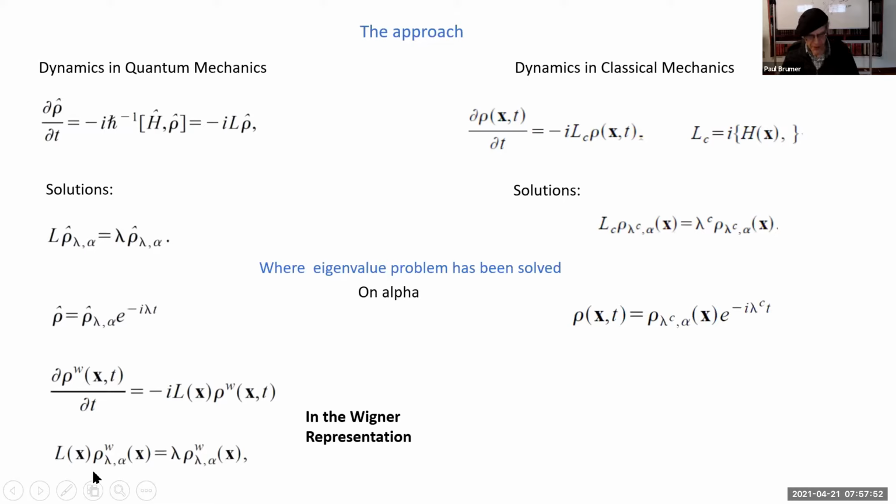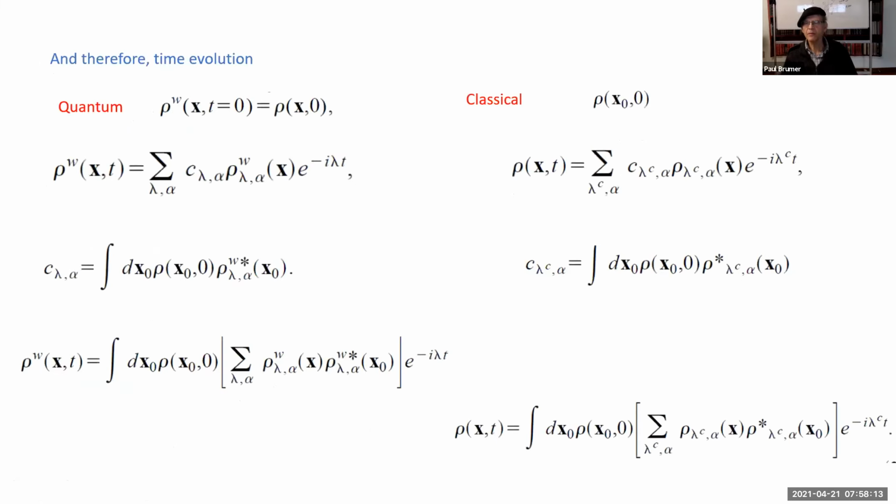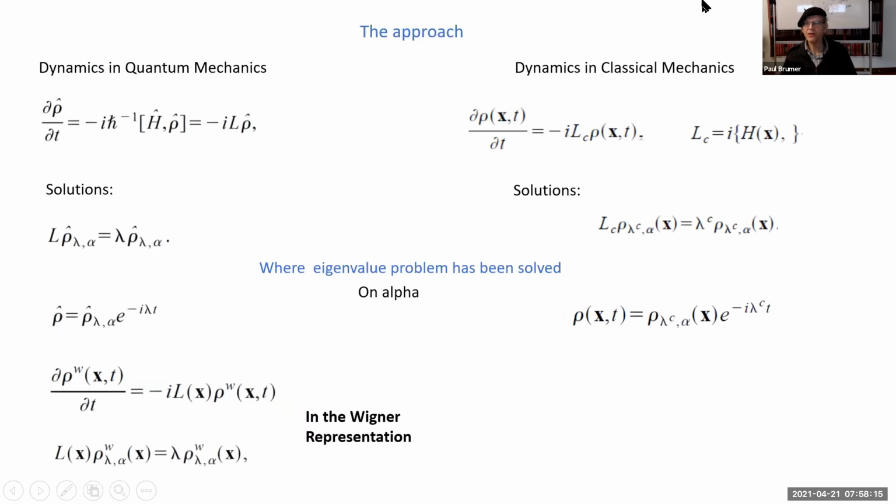But we all know this. What we don't necessarily appreciate, although I'm sure there are people in the audience who do, is that I can rewrite exactly the same sequence in classical mechanics. That is to say, dρ/dt is L_classical ρ, and L_classical is the Poisson bracket with the Hamiltonian.